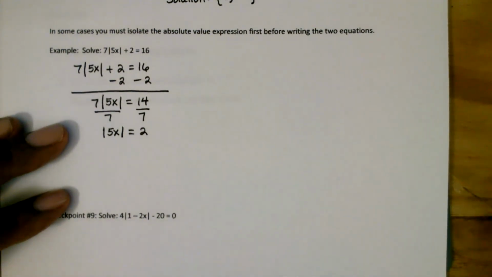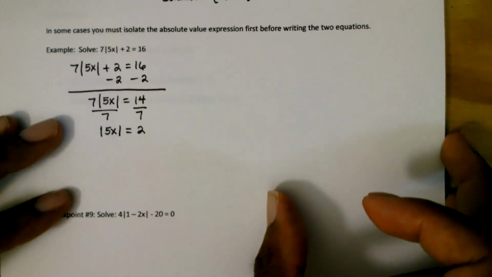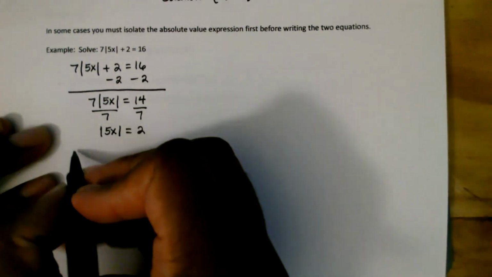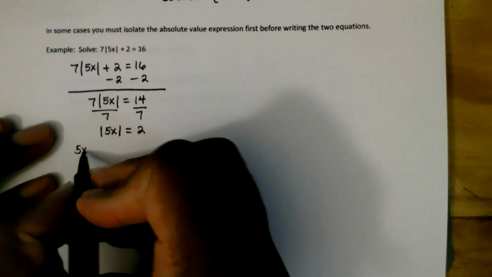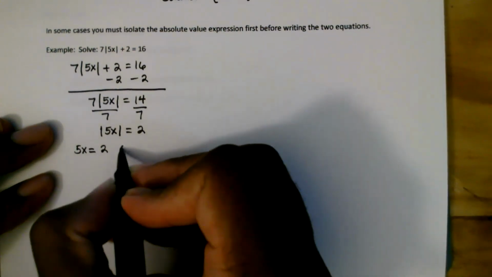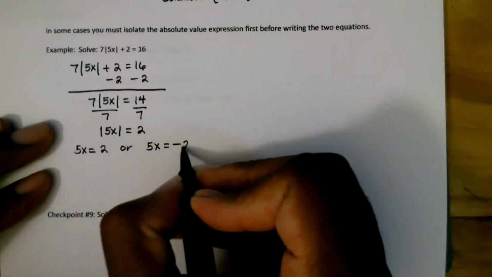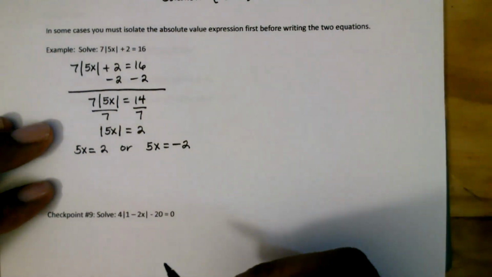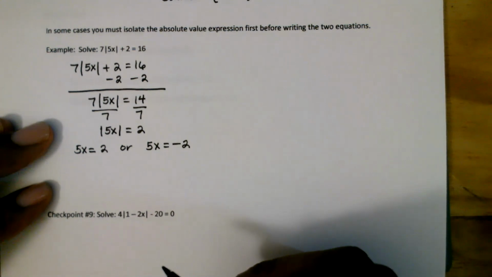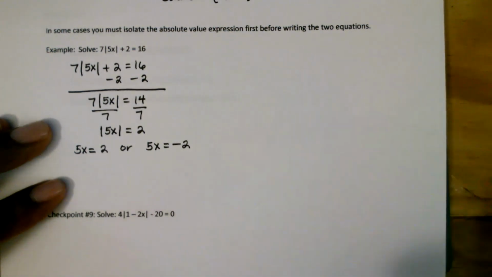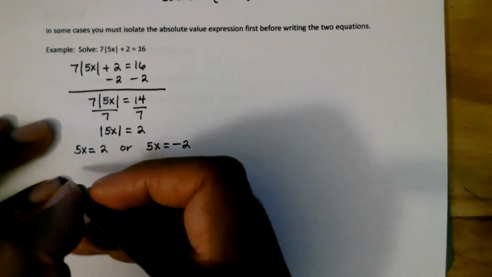And now we can go ahead and write our two equations. The absolute value of 5x equals 2 means 5x equals 2, or 5x is equal to negative 2. And then we solve each equation for x.